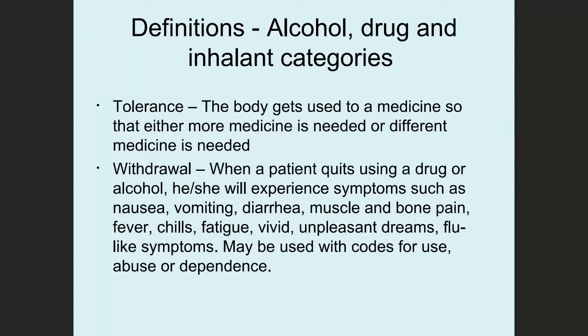Withdrawal is when a patient quits using a drug or alcohol, and he or she will experience symptoms such as nausea, vomiting, diarrhea, muscle and bone pain, etc. May be used with codes for use, abuse, or dependence. It used to be that withdrawal was assumed to be only with dependence, but they changed the guidelines a couple years ago, saying that a patient may use or abuse the substance and still go through some kind of withdrawal.